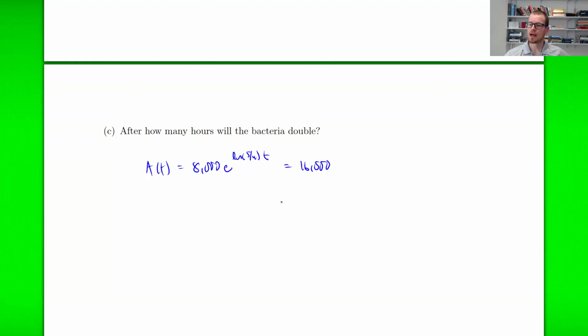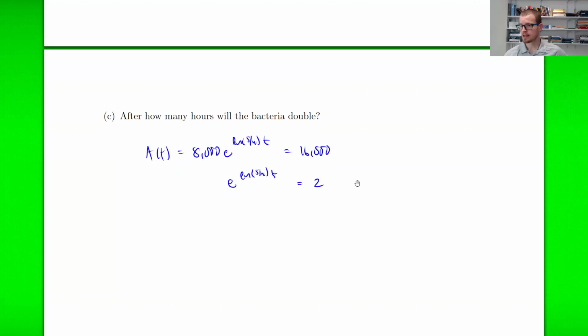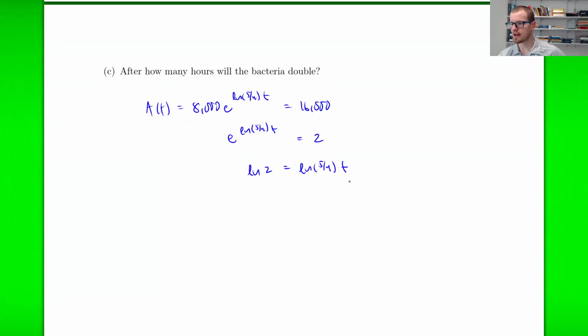I can divide both sides by 8,000 to find e to the natural log of 5/4 times t is equal to 2. I can rewrite this in logarithmic form. My base is e, so I have the natural log of 2 is equal to the exponent, natural log of 5/4 times t. So I just have to divide by the natural log of 5/4 to find the value of t.